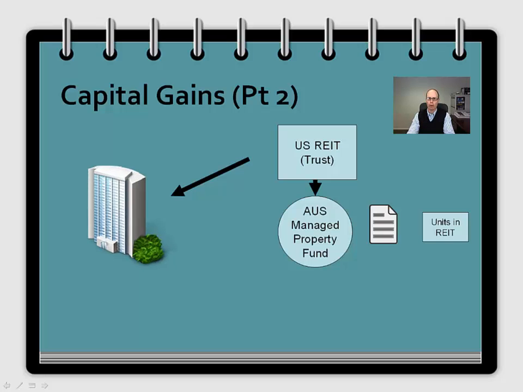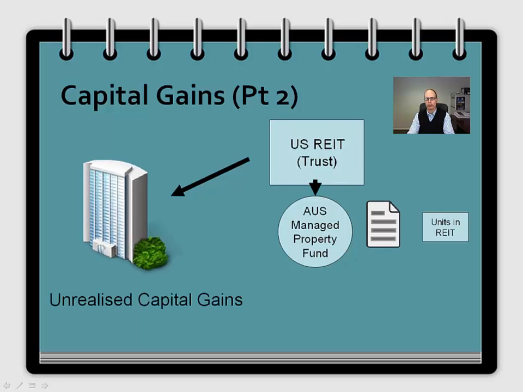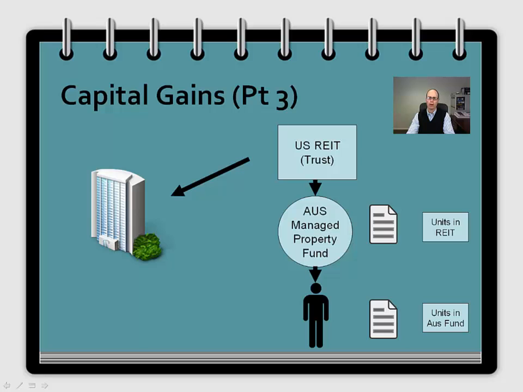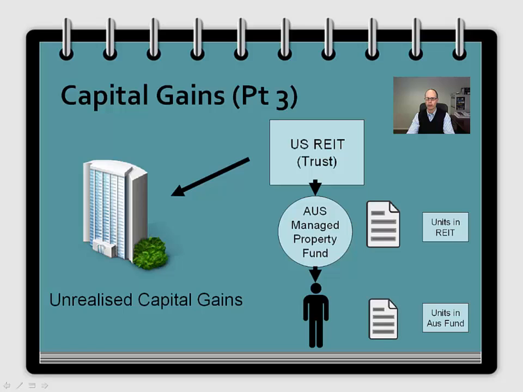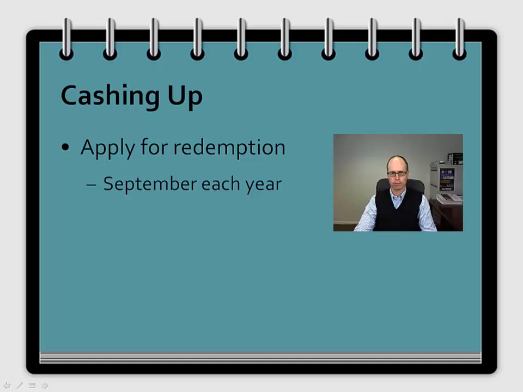As the value of the US REIT goes up, so too do the units go up in value that are held by the Australian Managed Property Fund in the United States Real Estate Investment Trust. Then in regards to you, as the property goes up in value and the REIT and the units held by the Australian Managed Property Fund go up in value, so too do your units go up in value in the Australian Managed Property Fund. So how do you cash in as your unit price goes up?